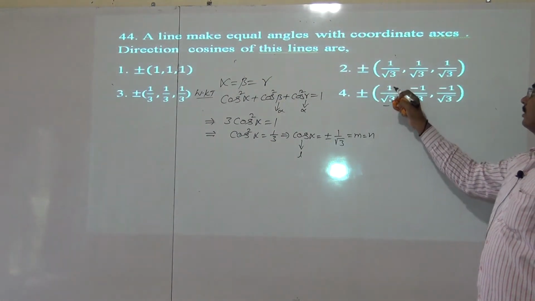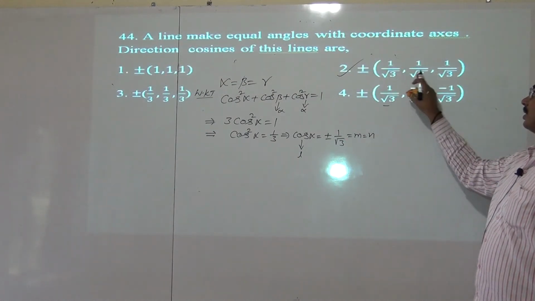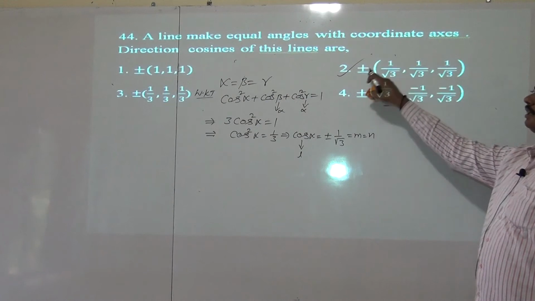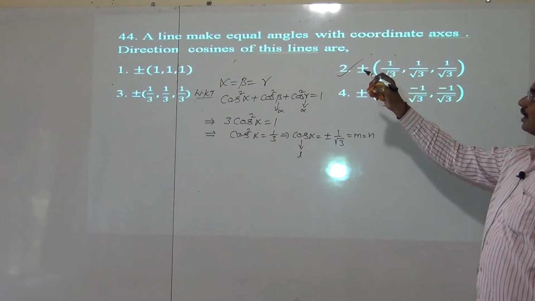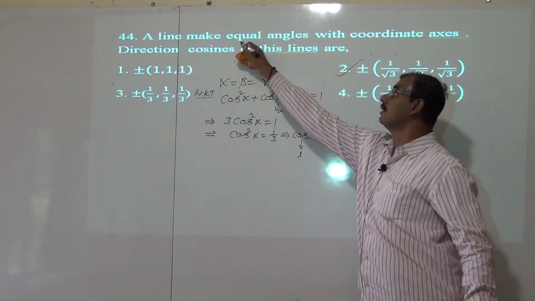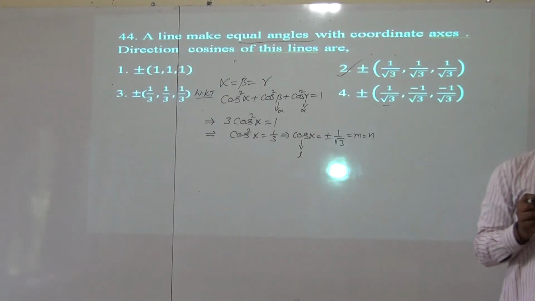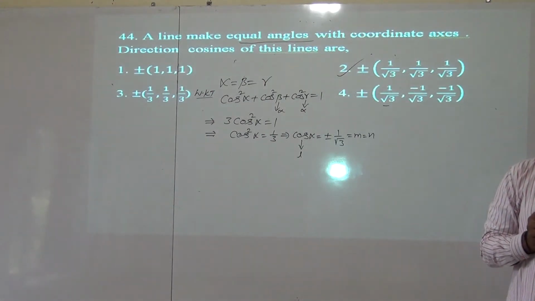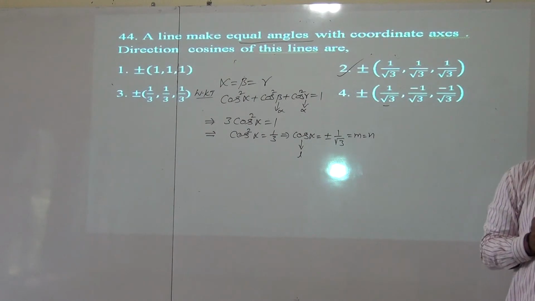We have to remember this is the answer of the question: 1 by root 3, 1 by root 3, 1 by root 3, with the plus minus symbol. Very important question. Equal angles condition should be remembered. This is the equal angles condition. Okay now friends, do you remember this? Remember all of you, don't forget, very important result.